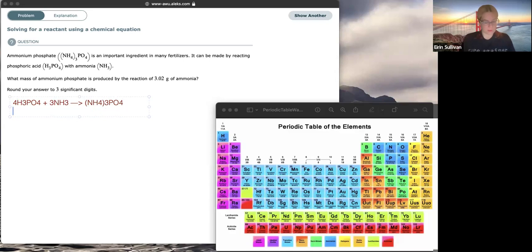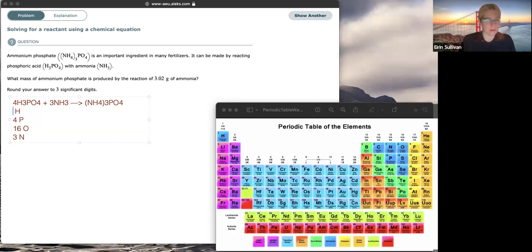So 4 times 3 is 12 hydrogens. We've got 4 phosphoruses. We've got 4 times 4 oxygens, that's going to be 16 oxygens. And then we've got 3 nitrogens, but we've also got 3 hydrogens times 3 is 9 hydrogens, which I've got to add to this 12 hydrogens, so that's going to be 21 hydrogens.